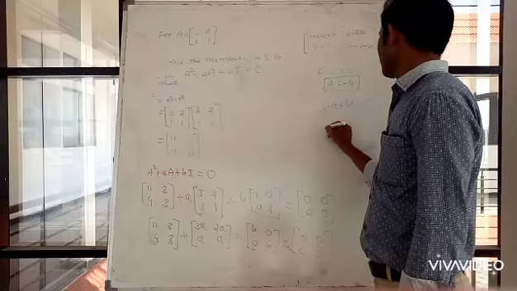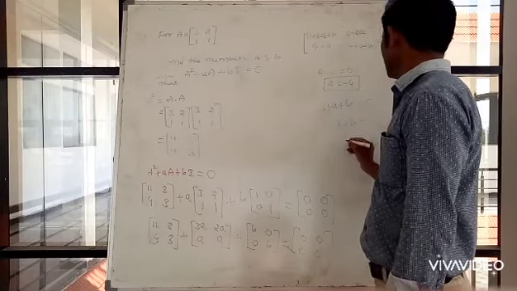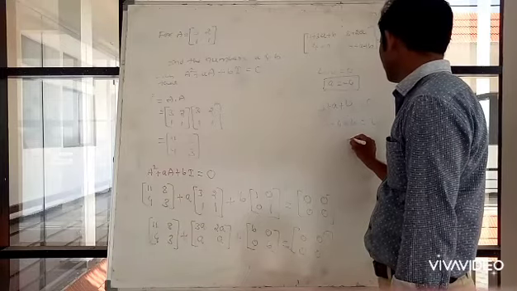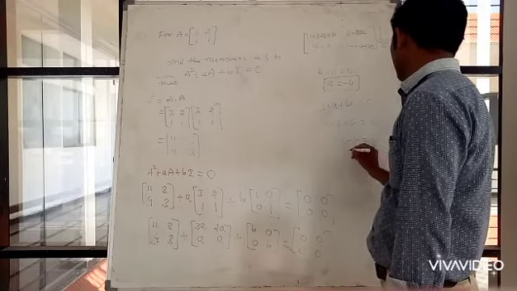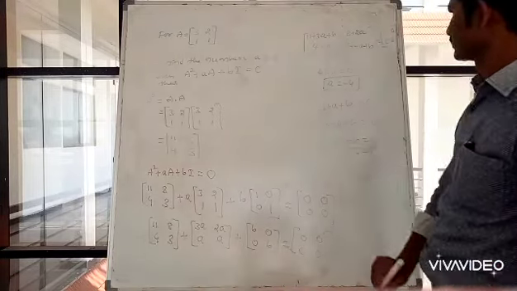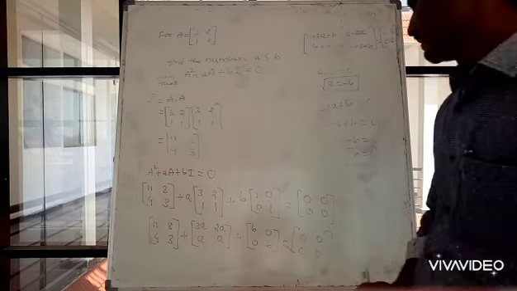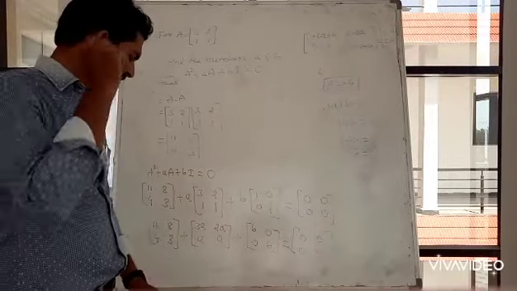Substitute a as minus 4: 3 minus 4, that is minus 1, plus b is equal to 0. So b is equal to plus 1. The b value is plus 1. So this is the example of how to solve.